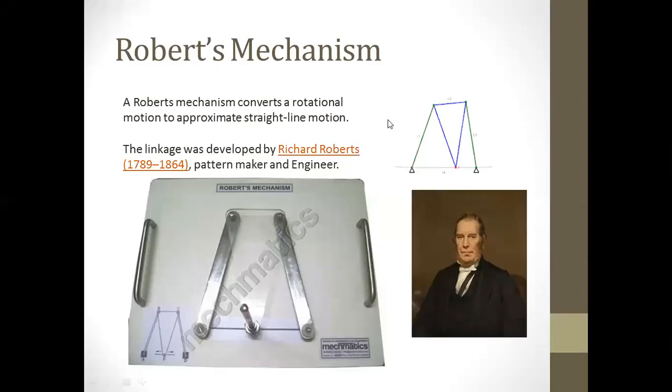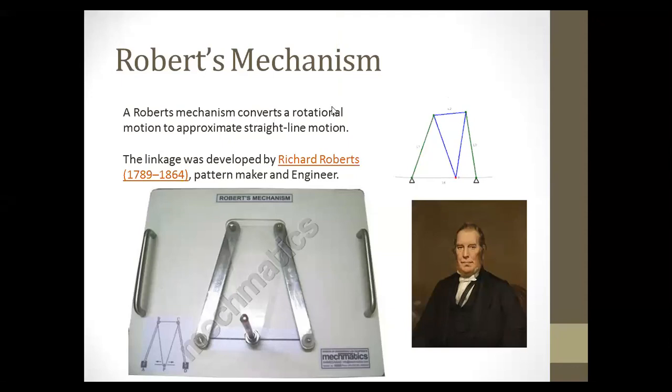So the next type of mechanism which is used for generating the straight line is the Roberts mechanism. Here you can see this particular mechanism which is used for drawing a straight line. The Roberts mechanism generates an approximate straight line. It converts rotary motion to an approximate straight line.